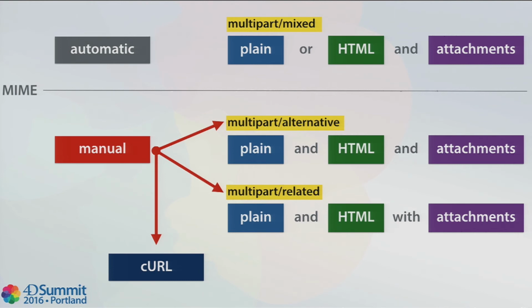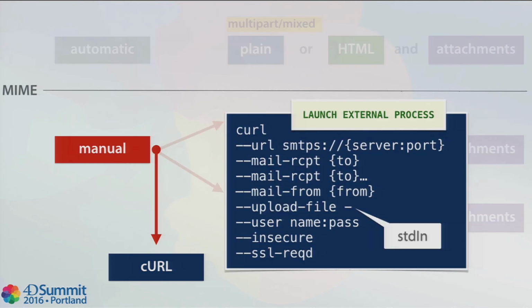But the thing is, this command expects your email message as MIME. So what you do is you use the SMTP protocol to tell the application that you want to send an email. It's not a download, it's not an upload, you want to send an email. You can specify the recipients and everything else.